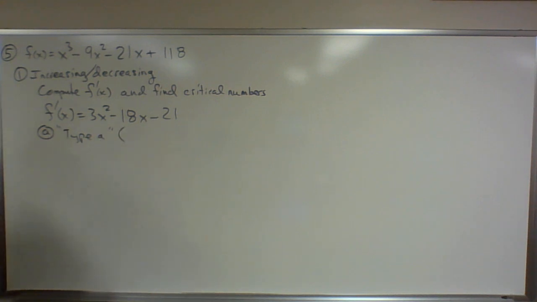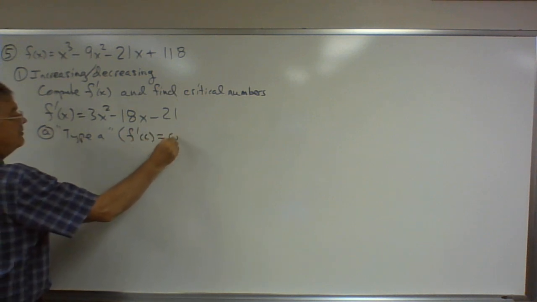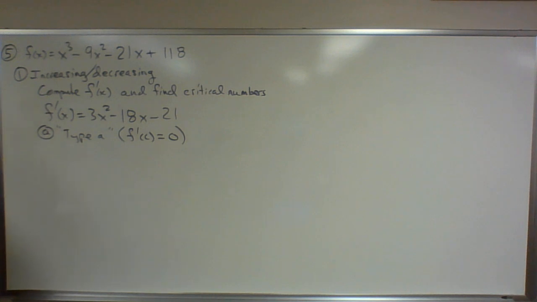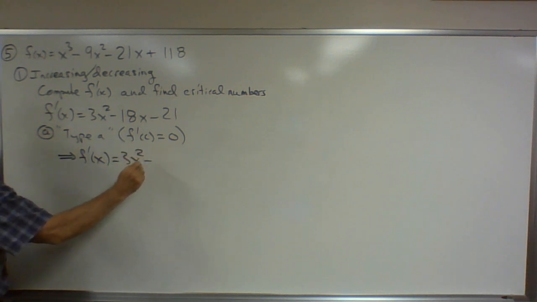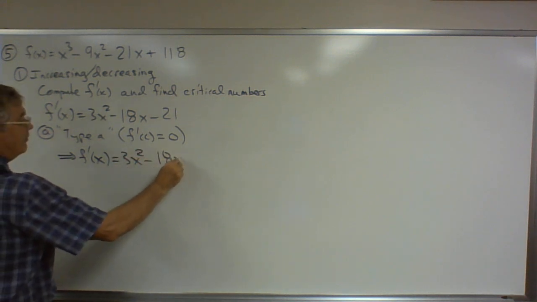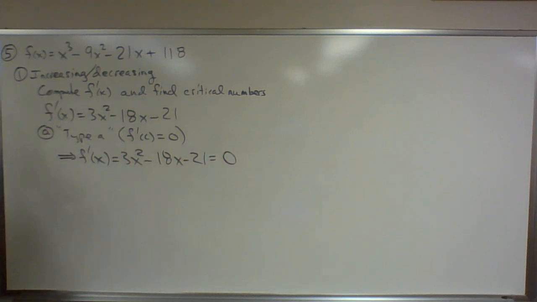And first we look for type A critical numbers, and those are of the type where f prime of c equals 0. So we set the derivative equal to 0, and we see what that forces x to be.